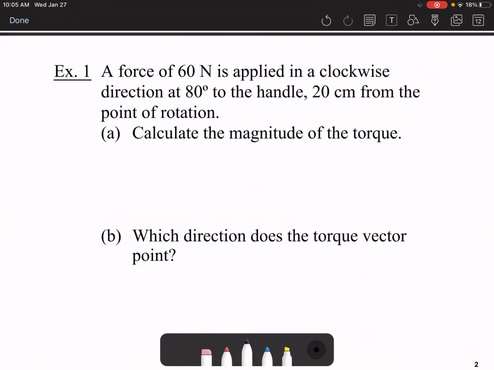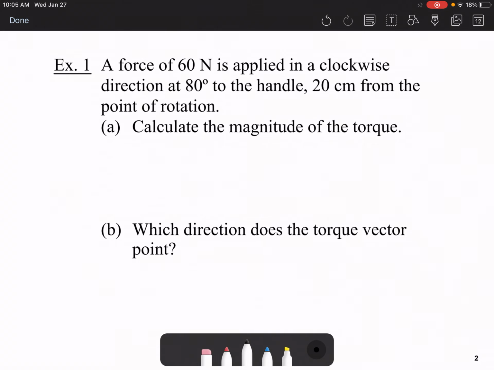Okay, so let's try this. A force of 60 newtons is applied in a clockwise direction at 80 degrees to the handle, 20 centimeters from the point of rotation. So let's draw a little example of what we have here. So this is our point of rotation pointing outwards. This is 20 centimeters. Clockwise direction means it's coming down this direction.